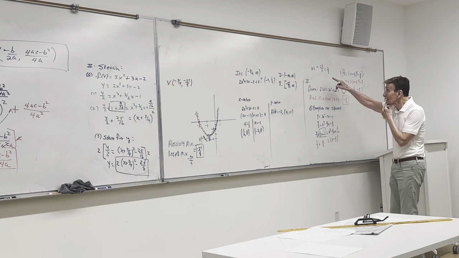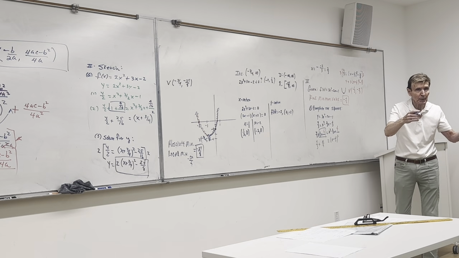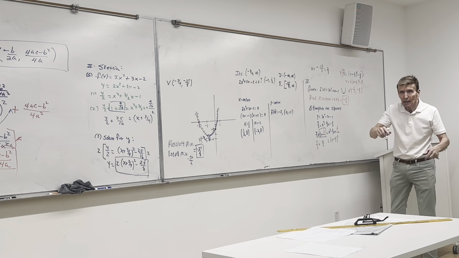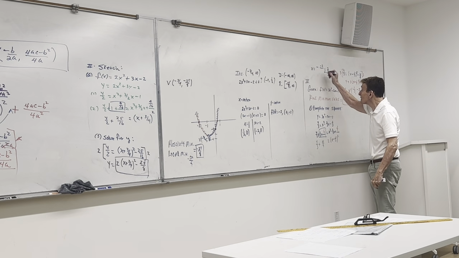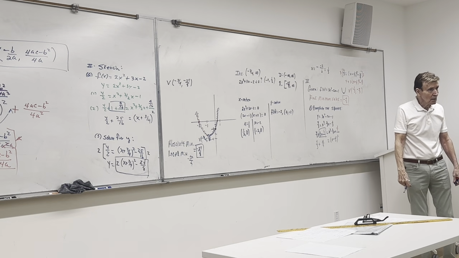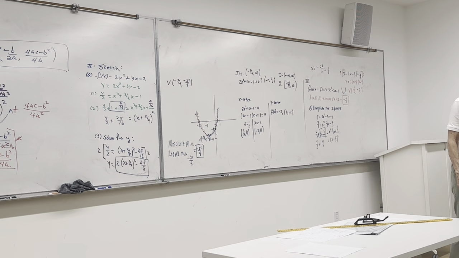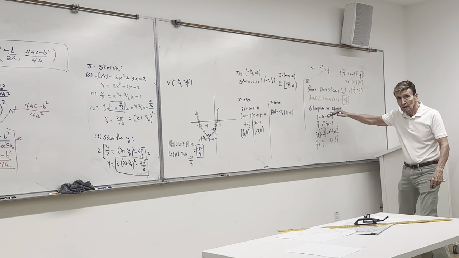Negative b over 2a, my a is 3. 2 times 3, come on, man. Is that 1/3? Yes. Is that what we got earlier? Who on earth would not prefer to use negative b over 2a than going through all this?